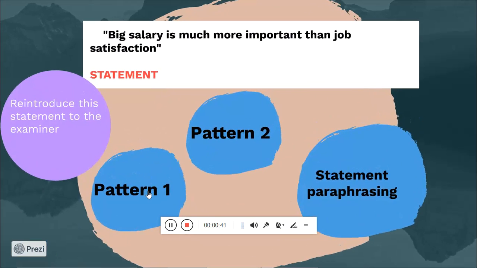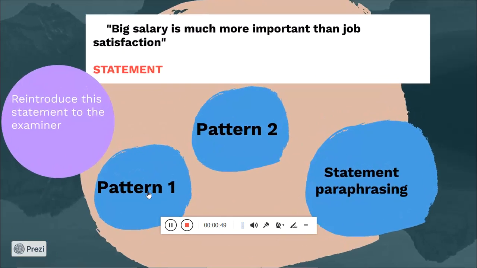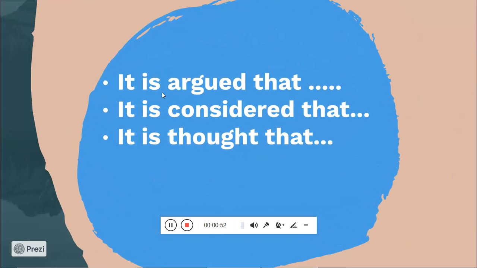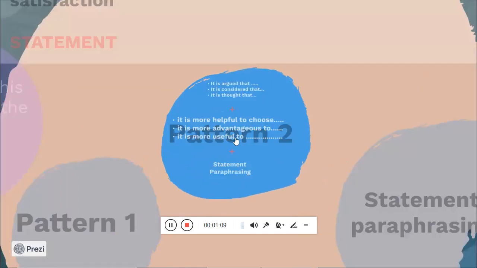So button 1 is a statement or phrase that can be used in each paragraph or essay. I can start my evaluative essay by it is argued that, or it is considered that, it is thought that. You may choose one of them, then you can complete with button 2.